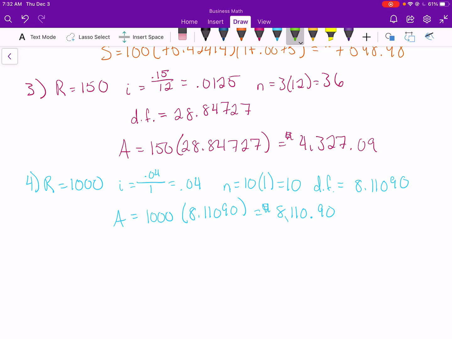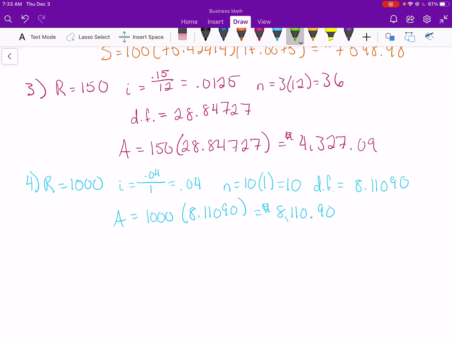For number 5, Scott and Ronnie need to save $30,000 to put a down payment on a house in 3 years. If interest at a local bank is compounded quarterly at 5% per year, how much must they save each quarter to make their deposit at the end of each quarter? All right, we're kind of going a little bit backwards here because now we're given the ending value.